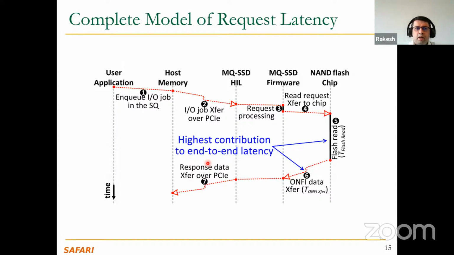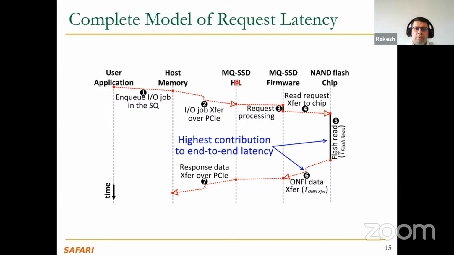So let's see how MQSim models the end-to-end request latency. Here we have different layers through which a request has to pass. We have the user application which sends a request, or enqueues an I/O job into the submission queue, which is in the host memory. From the host memory, the I/O request has to be transferred to the device, to the host interface logic or PCIe protocol.